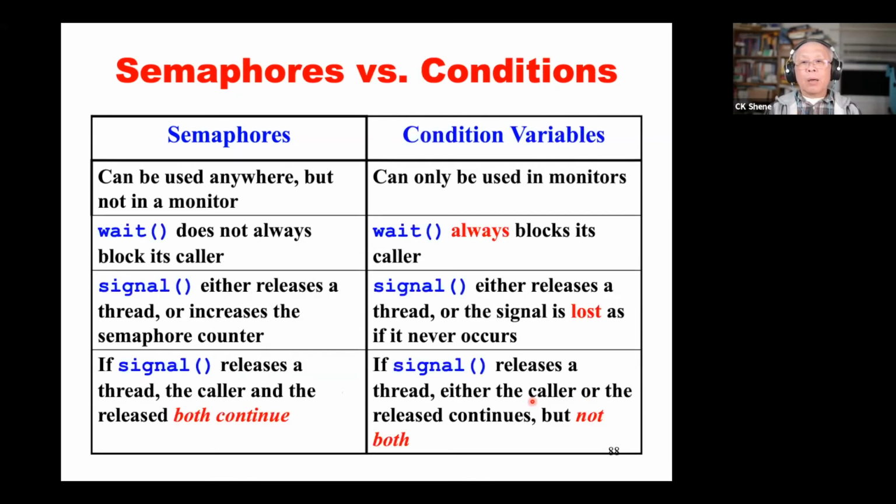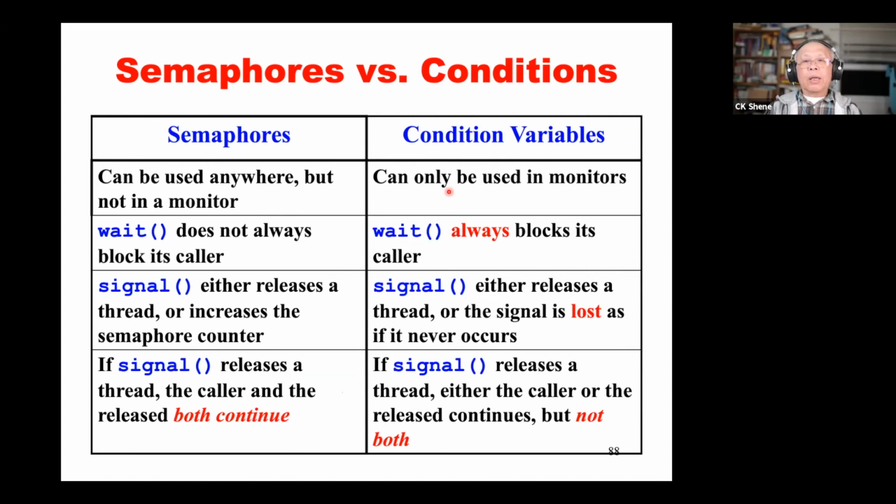The next comparison we want to do is semaphores versus condition variables. Again, semaphores can be used anywhere, but should not be used in a monitor. We'll explain that. A condition variable can only be used in monitors. Remember why.